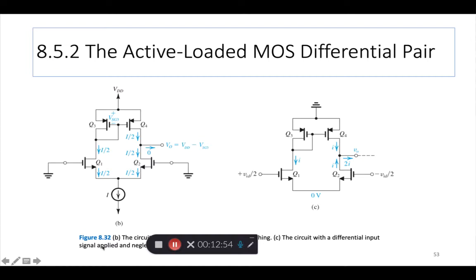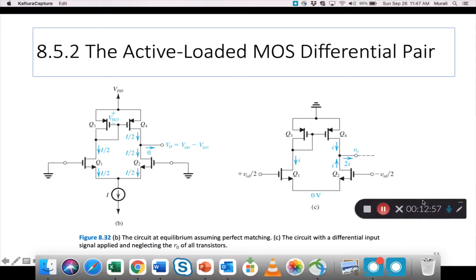Okay, so in this drawing, figure 8.32, he shows a lot of analysis to prove to us why the gain is not lost. So here, figure B of figure 8.32 is an equilibrium condition, assuming everything is matched, Q1, Q2 are matched, Q3, Q4 are matched, and the input signal is just ground, no input signal.